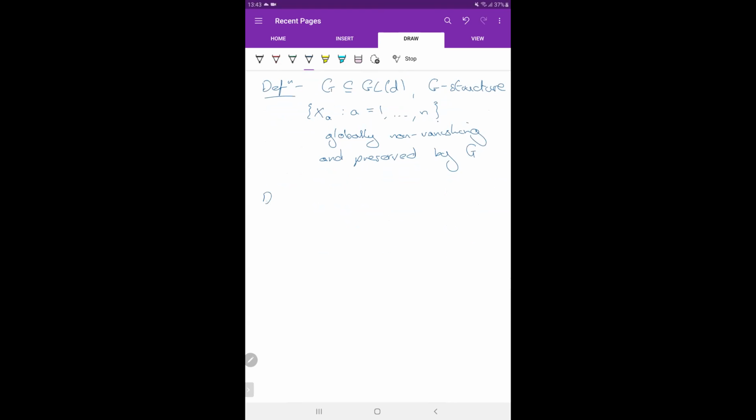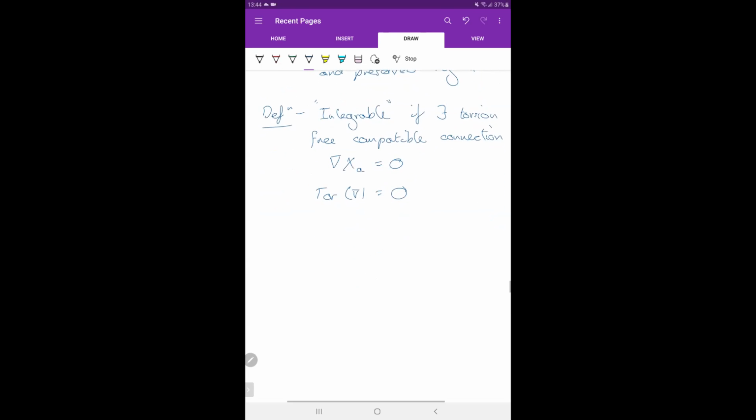And we say, definition, they are integrable if there exists a torsion-free compatible connection. So i.e., these conditions hold. So let's go through some examples that you've probably already seen.